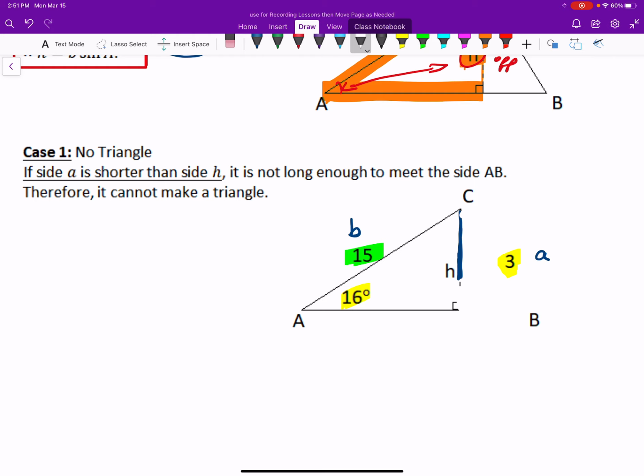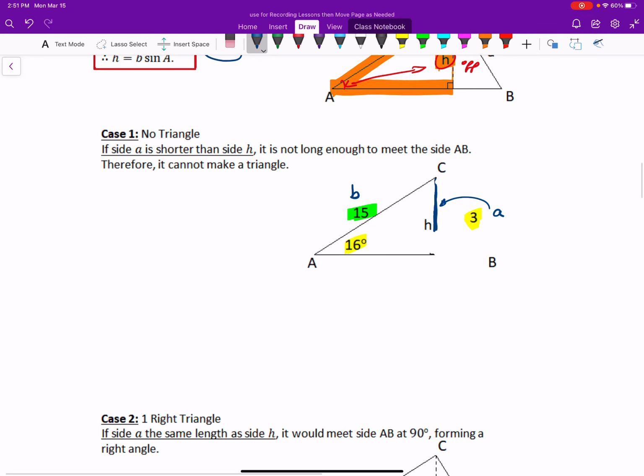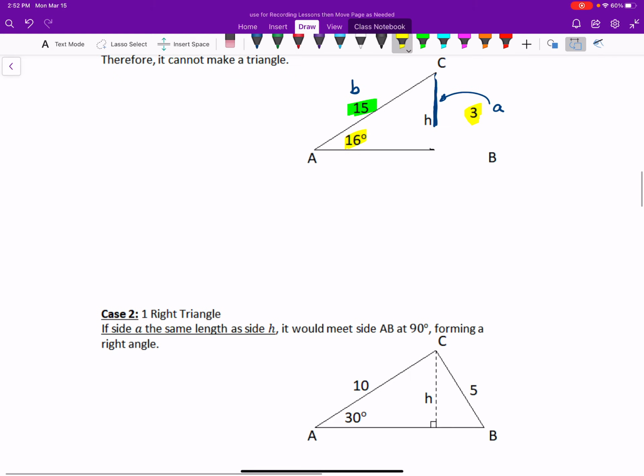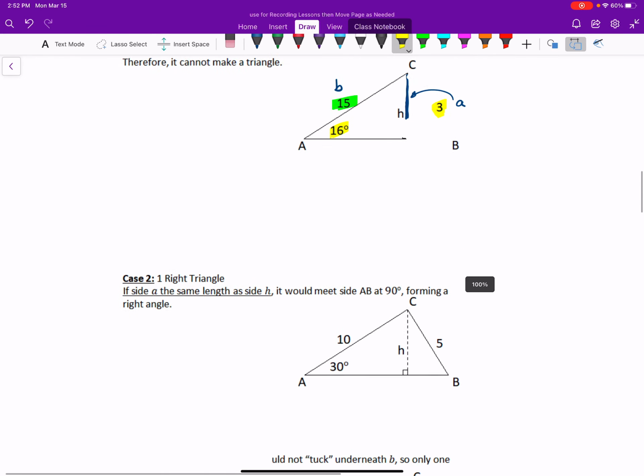What I would have is an incomplete triangle with this 3 centimeter long, or meter, or whatever the units are, piece just sort of dangling here, not even making it to the opposite side to complete the triangle. So that's one case, if A is shorter than H.